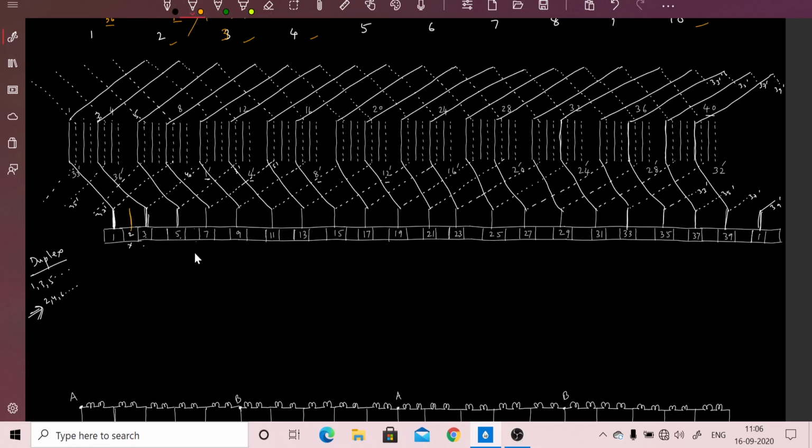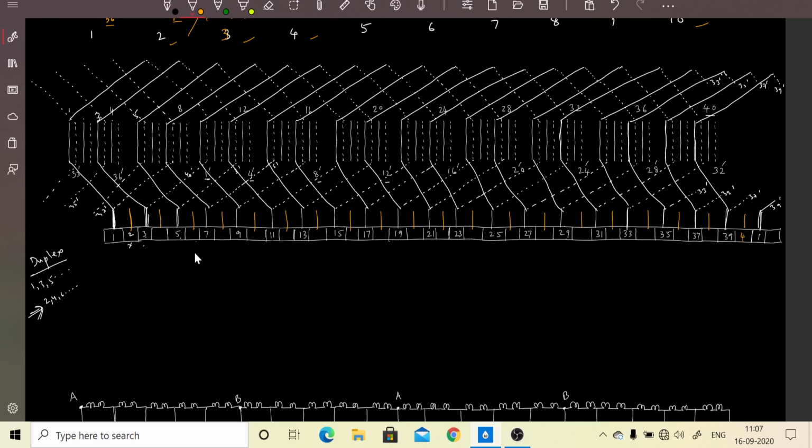All coils will be connected between 2, 4, 6, 8, 10, 12, 14, 16, 18, 20, 22, 24, 26, 28, 30, 32, 34, 36, 38 and 40.